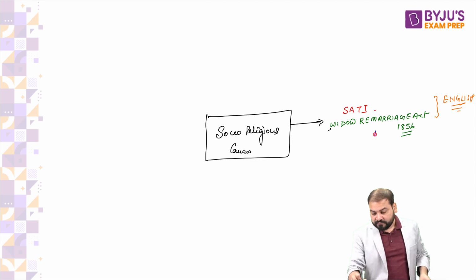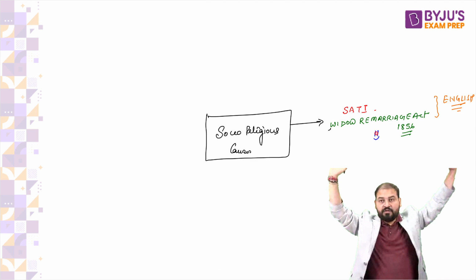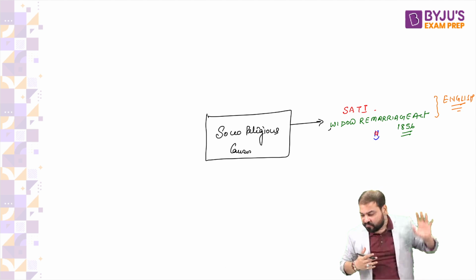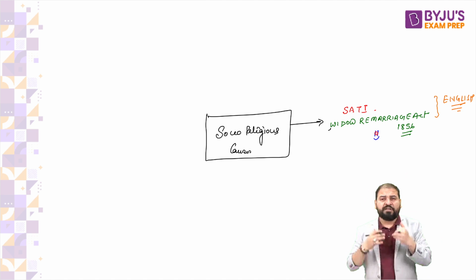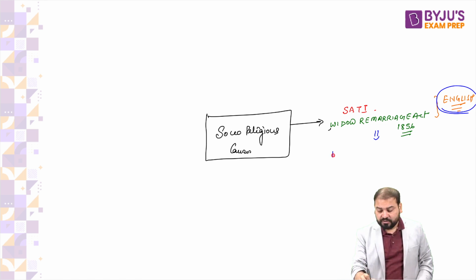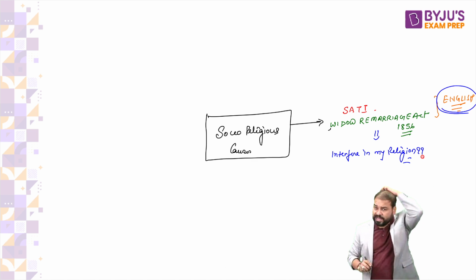Rohit Kumar, again, is an orthodox Indian. He is very angry now. Rohit Kumar is very angry that who are these Britishers to interfere in my religion. Tell me, will I think like this or not?